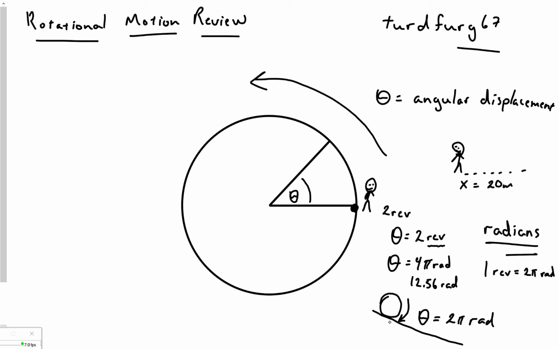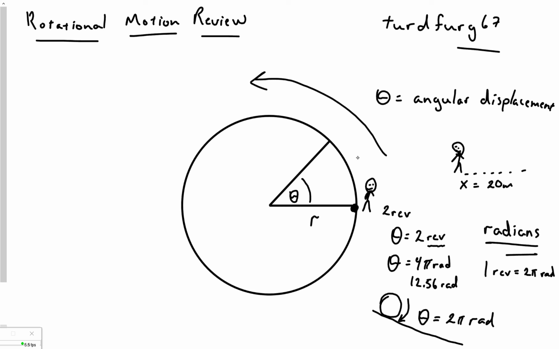Now, the other things you're going to need in order to work this problem: you need to be able to identify that that is your radius. And then the other thing that's a little odd is this piece of the circumference. We know that if you go all the way around a circle distance-wise, that's called the circumference.